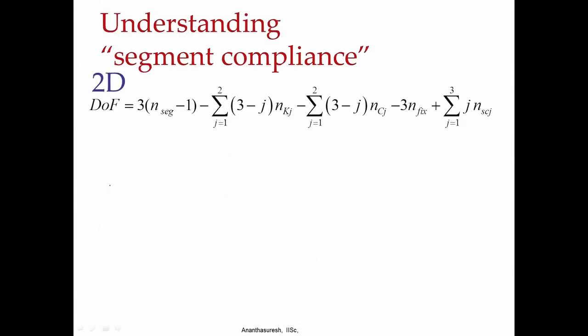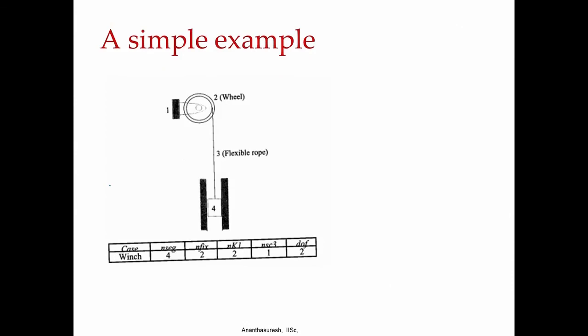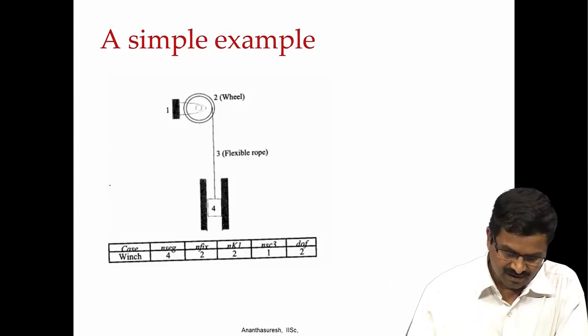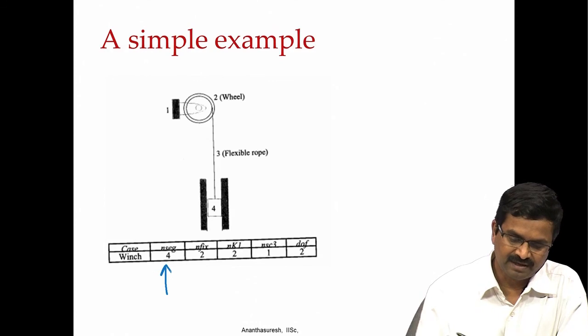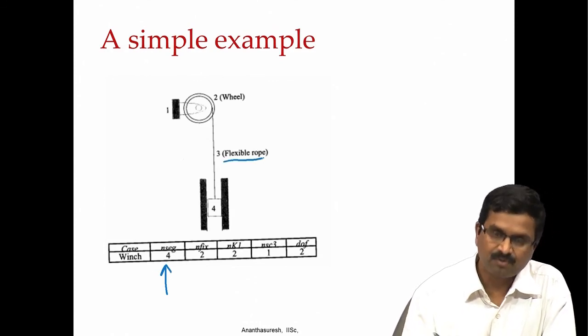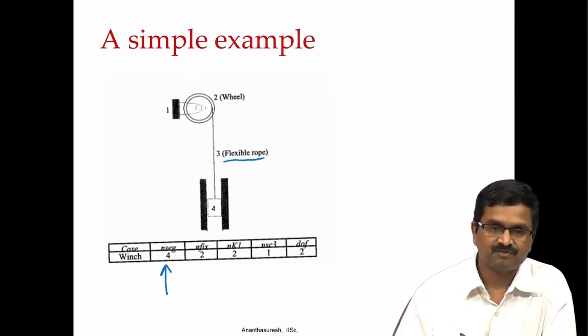So, to understand segment compliance, let us take a simple example. Here the number of segments is 4, they are indicated in the figure, the fixed frame 1 and the wheel 2 and the flexible rope is 3 and the block is 4.